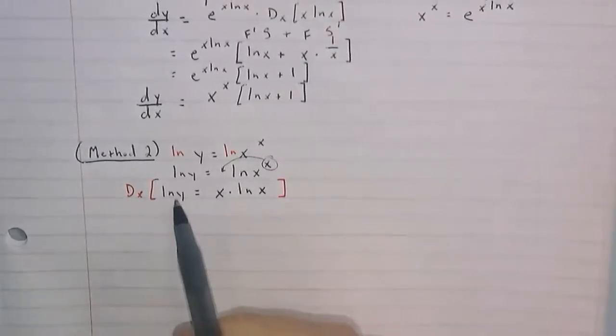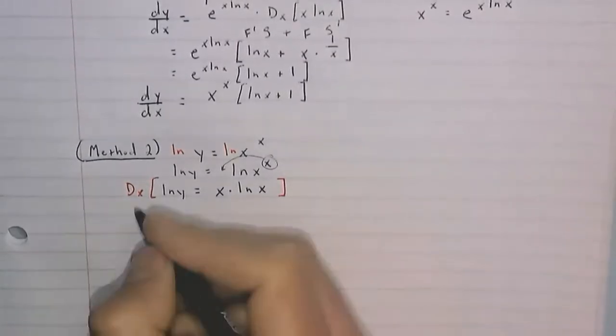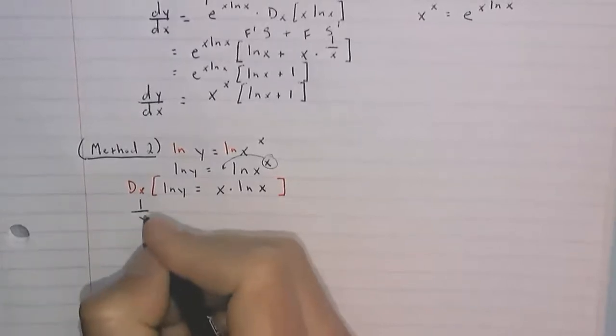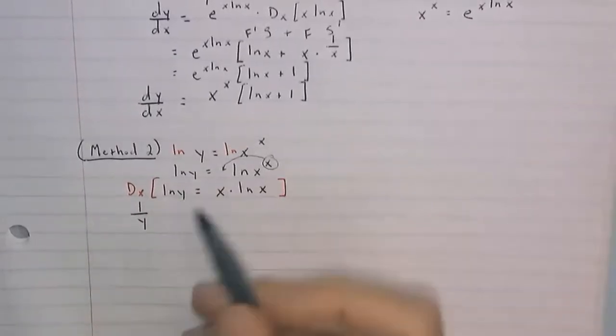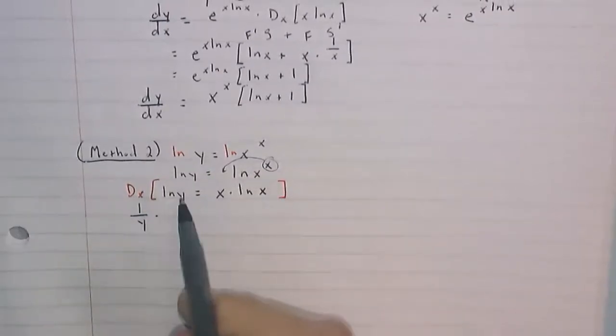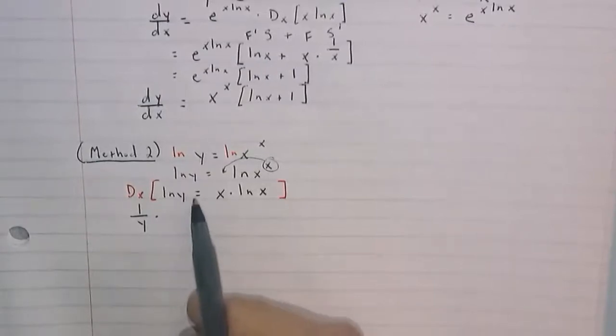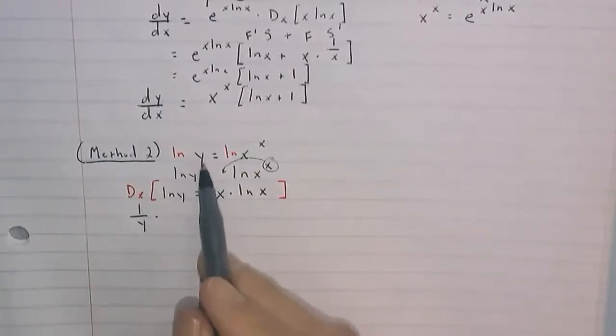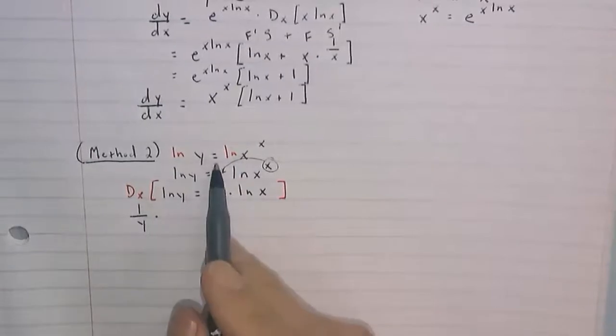On the left side, the derivative of ln of y is 1 over y times, remember, if we're differentiating with respect to one variable and we come across another variable, we should assume that is a function. We know that y is a function of x because we started there.